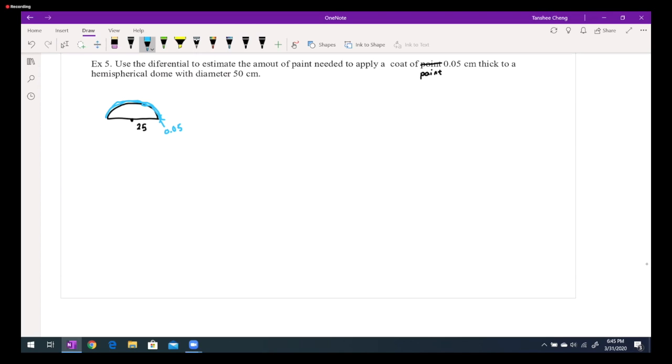So to apply that paint, what is the volume that we need? What we know is the radius, 25 centimeter, and this little extra part is the differential of r, which is going to be 0.05 centimeter.